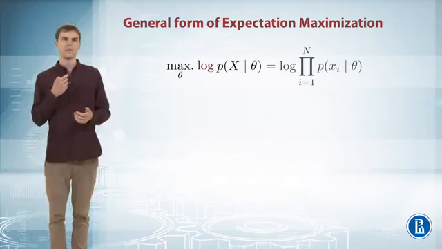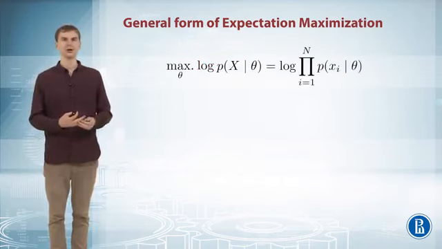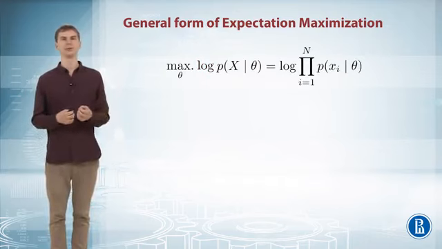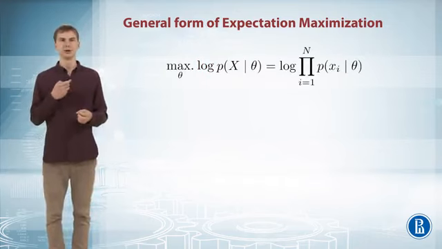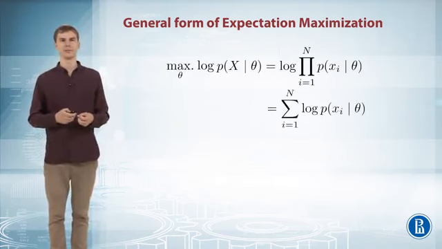Next step is to assume that our dataset consists of n objects, which are independent given the parameters, which is kind of standard in all machine learning problems. And finally, we can turn product into summation by using the property of the logarithm.